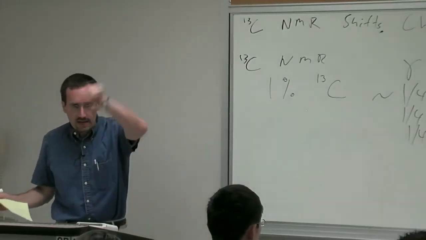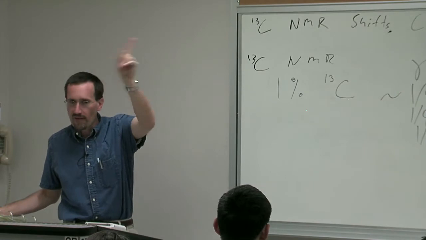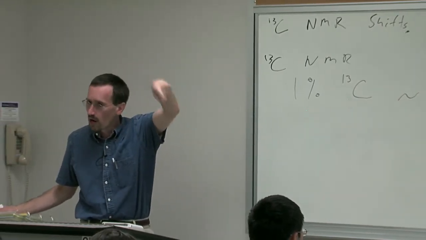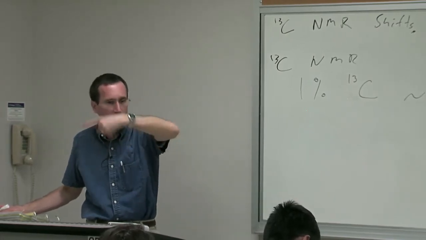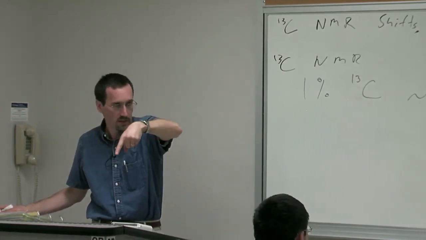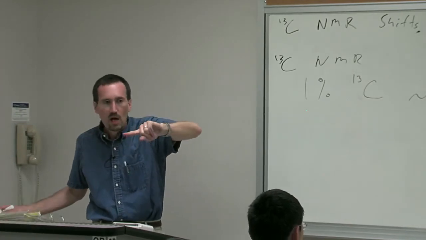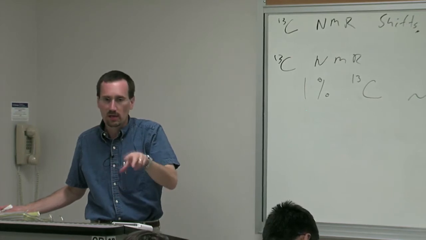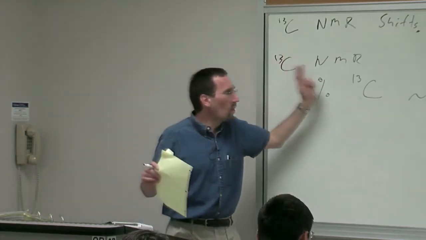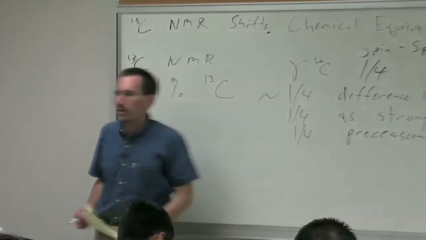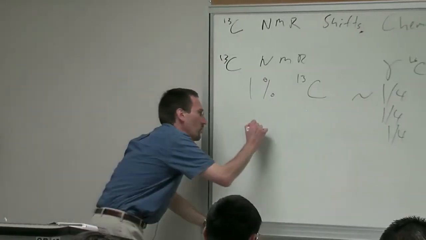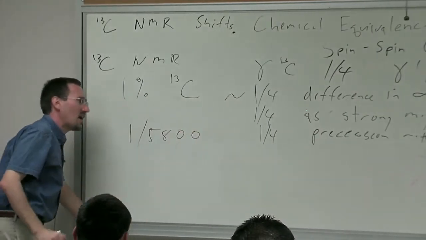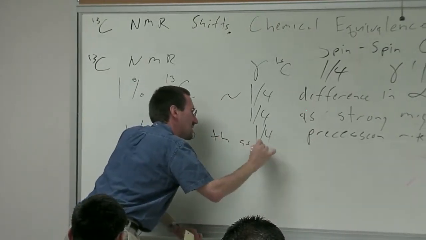For a proton at that same 117,500 Gauss magnet, you're precessing at 500 million times per second. For a carbon, you're only precessing at 125 million times per second. So that also gives you a quarter as much electricity in the coil. So you've got 1.1% and a quarter of a quarter of a quarter, which means you're only 1/5,800th as sensitive.